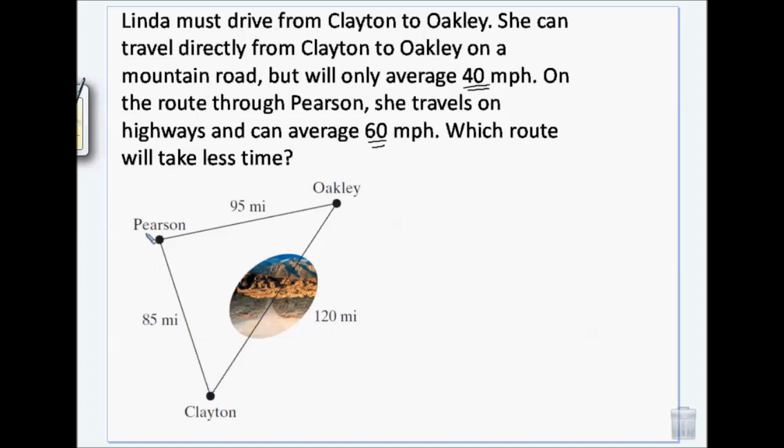So what we want to do first is figure out the total distance. That's 180 miles. So she'd be adding 60 extra miles. That's 20 miles faster, right? Not necessarily. If we do Clayton to Oakley directly, she's going to go 120 miles at 40 miles per hour.